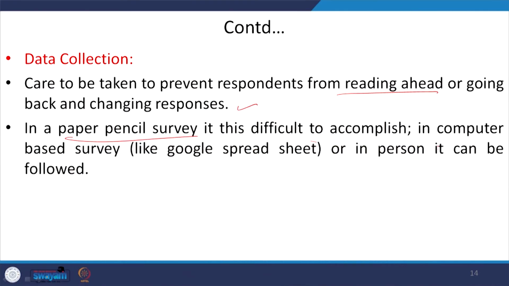But in computer based surveys like a Google spreadsheet, or in person, it is easy to prevent respondents from going back or moving forward. And after all, most of this care must be taken in estimating the model, because that is what the policy makers emphasize, and the results are very important.